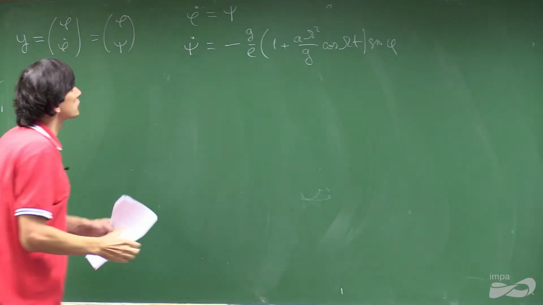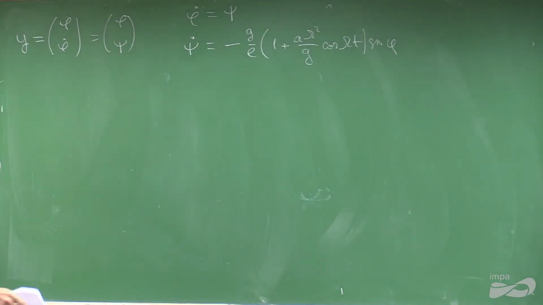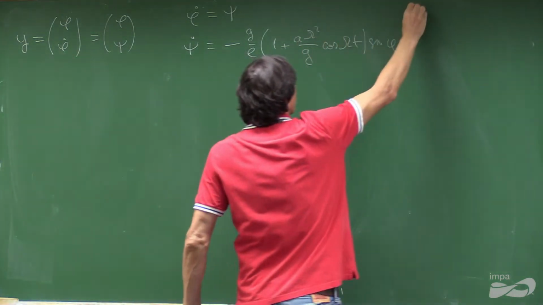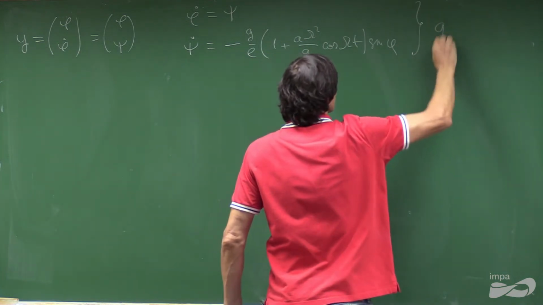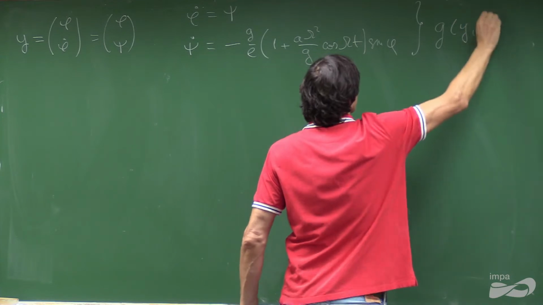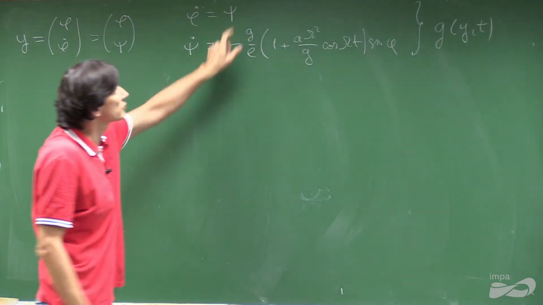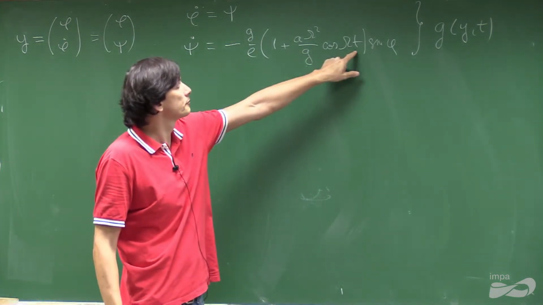Psi dot, which is the second derivative, is this. So now the whole right-hand side, we can just say that this is some function which depends on y and depends on time. It depends on y because both components enter, but also it depends on time.